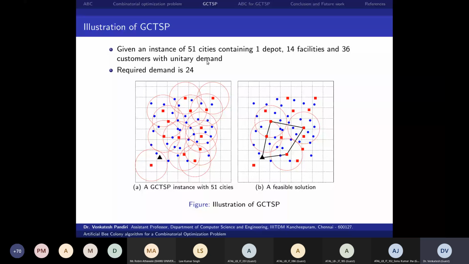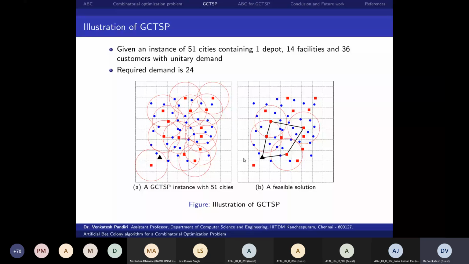We need to find out, for meeting this demand of 24, which facilities need to be visited starting from the depot, and in which order also matters. So here the objective is to minimize the distance starting from the depot and ending at the depot, and at the same time we need to meet this demand of 24.